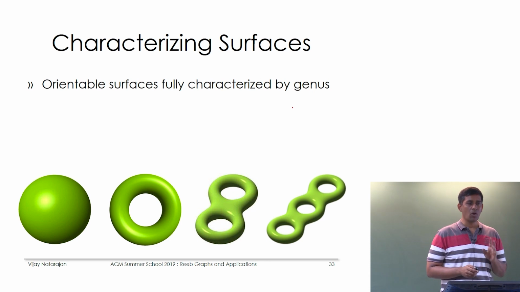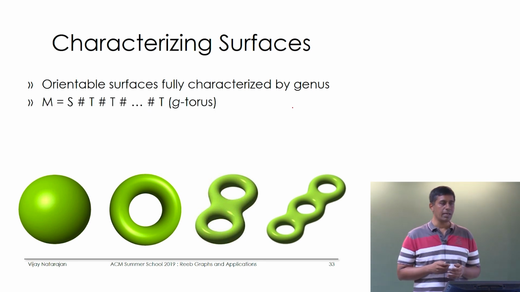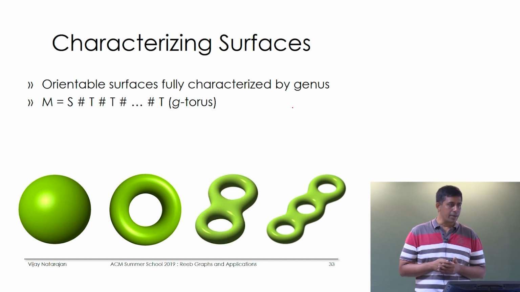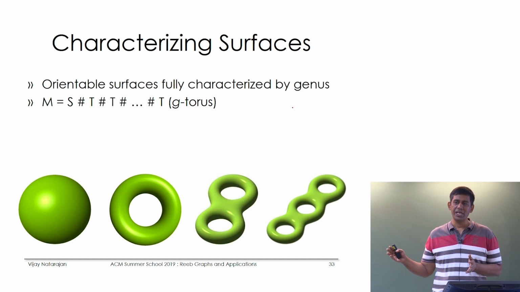The result says that all these orientable surfaces are fully characterized by their so called genus. So, what it says is a surface M can be written as a sphere together with G tori, so G different tori.